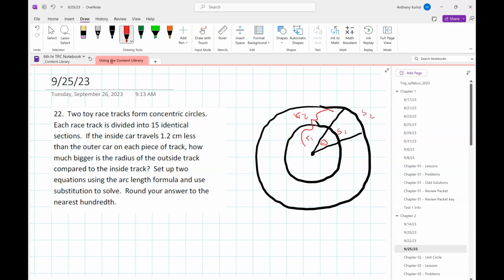All right. It says if the inside car travels 1.2, thank you.